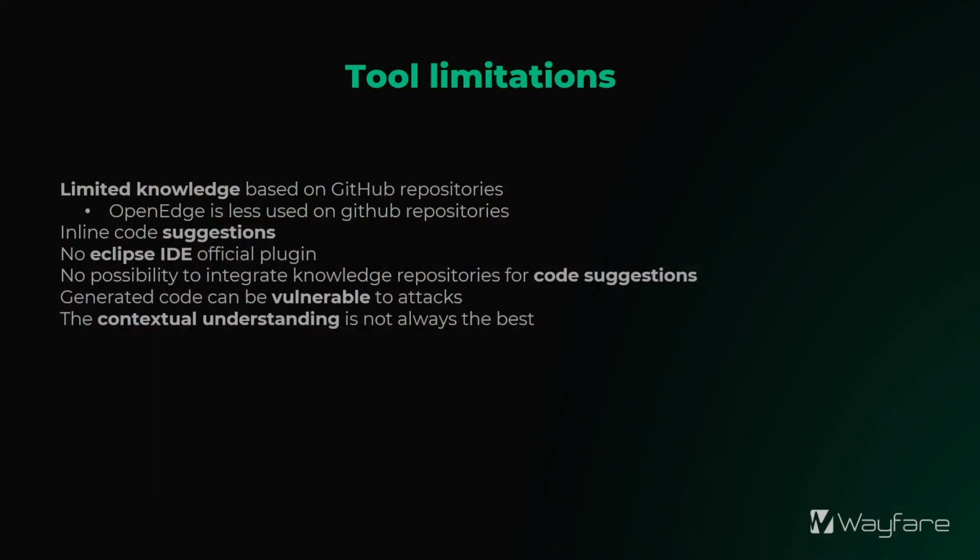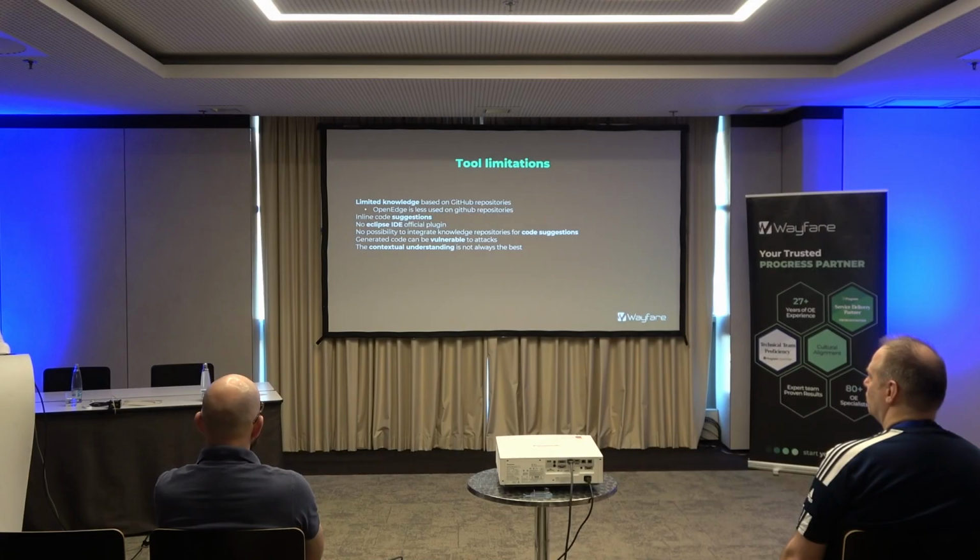What we noticed as limitations: inline code suggestions are not that bright, not that smart. We don't have an Eclipse plugin that is really working, there are some limitations there.